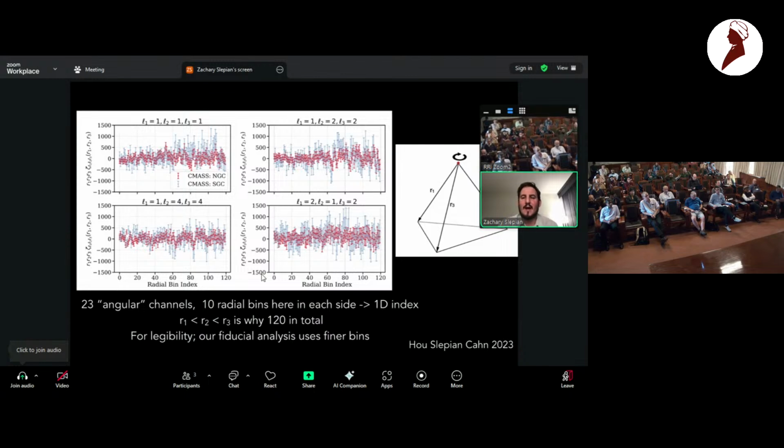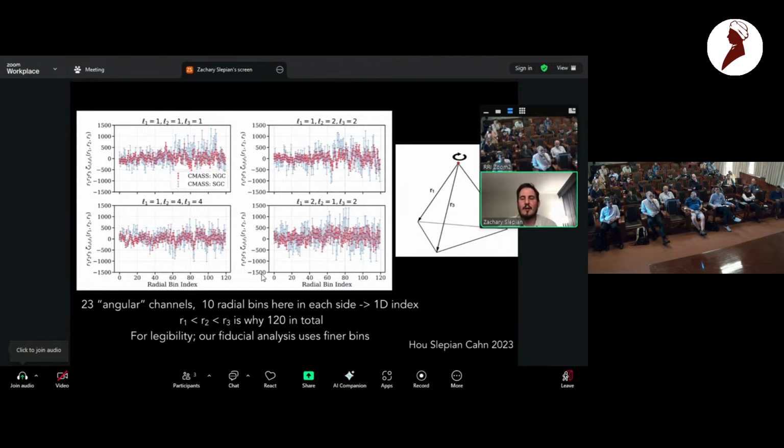And what we've done is we've mapped the dependence on the 3 sides of the tetrahedron to a single radial bin index to make it something you can visualize. So just imagine reading a matrix through in row major order. We've mapped the dependence on 3 tetrahedron sides in each coefficient to just a single index. And so this is kind of a trick question showing you these plots. What the data looks like in our basis is it looks like noise. It basically just looks like random fluctuations above and below 0.